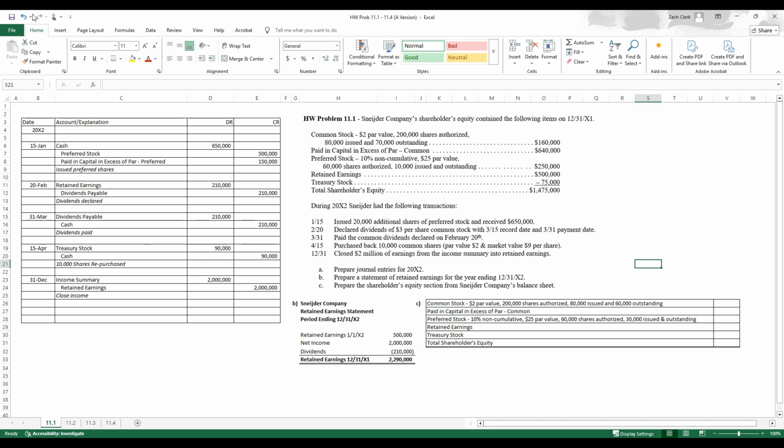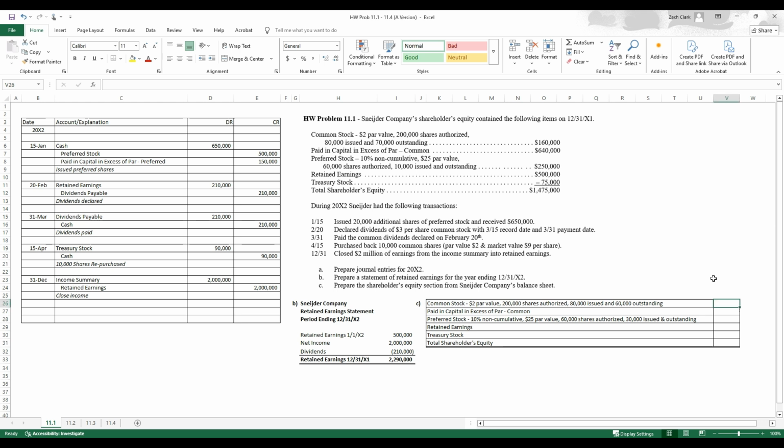And so the treasury stock difference is the 80,000 minus whatever's outstanding. Before it was 10,000, now we have 20,000 total. And everything else looks okay. No updates needed.